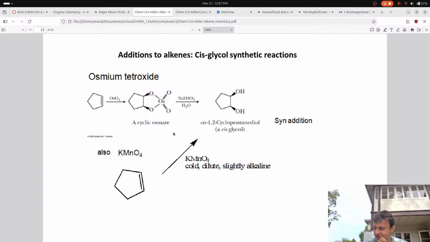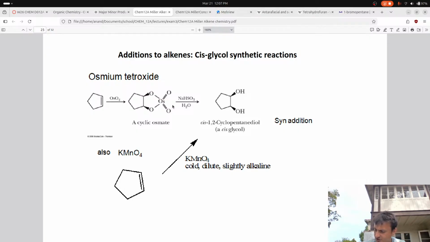So this is OsO4. And let's just say we have an alkene, so pentene or cyclopentene. So wait, actually what we want to write is 1.